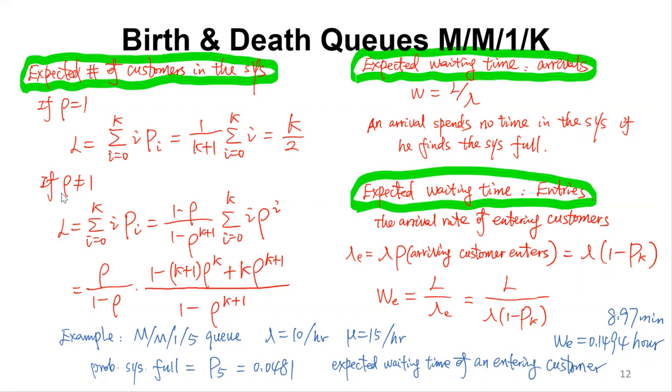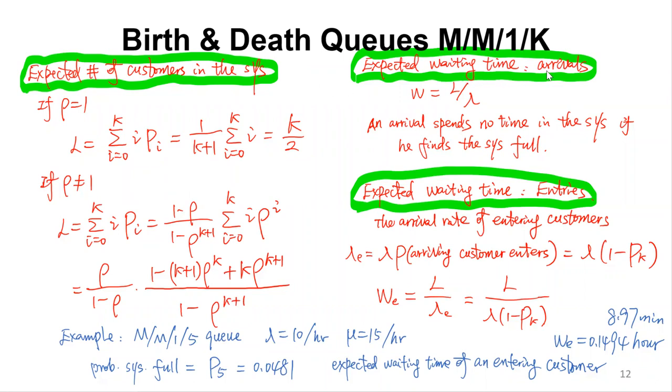If rho does not equal 1, it should be different from 1. Then L equals the sum of i pi, which becomes (1 minus rho) over (1 minus rho^(K+1)), move this part out, then the sum of i rho^i. So it becomes this equation. This is the expected number of customers in the system.